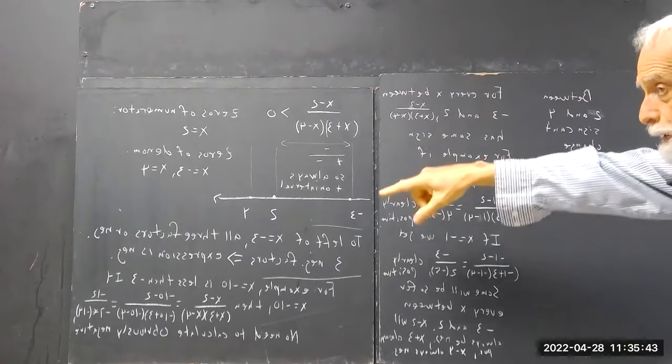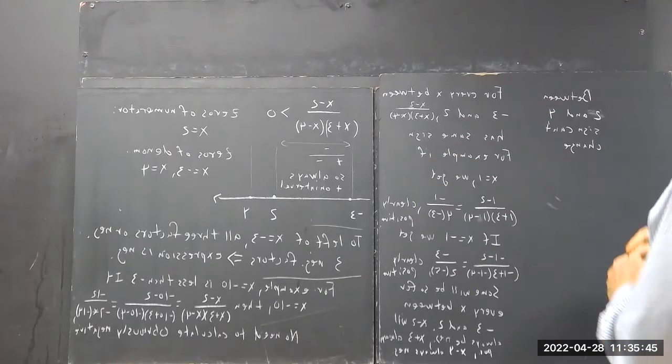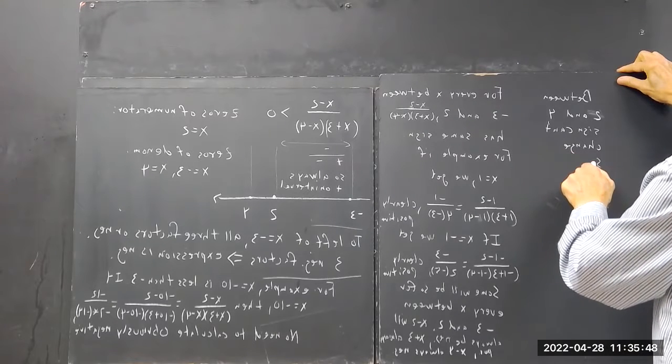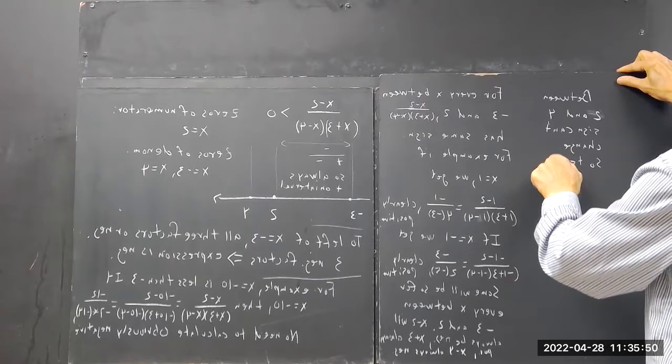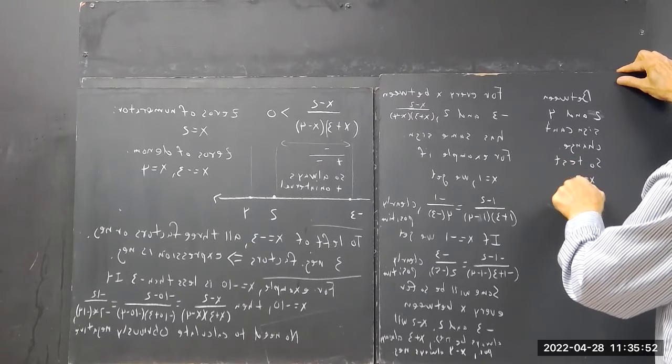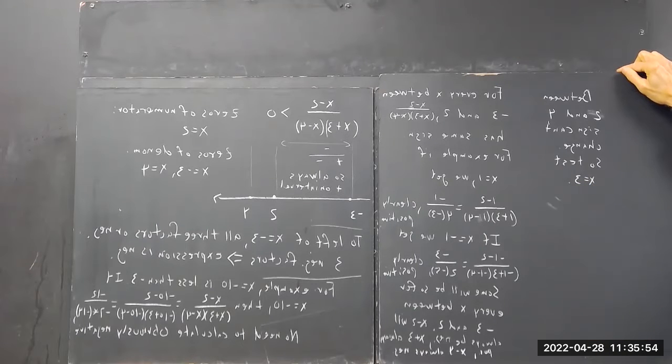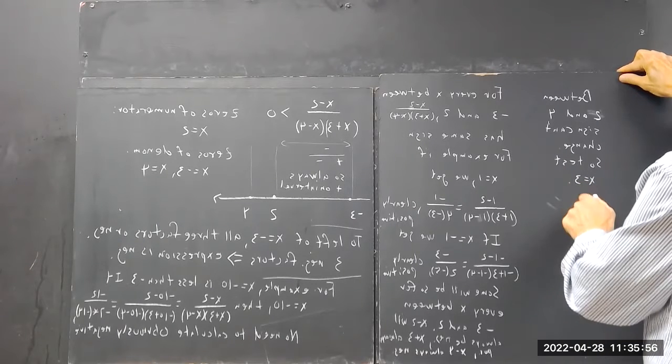Between 2 and 4, the sign can't change. So we test x equals 3.